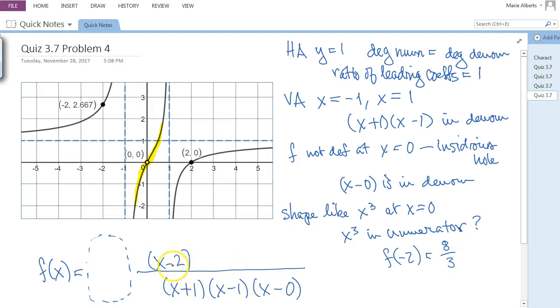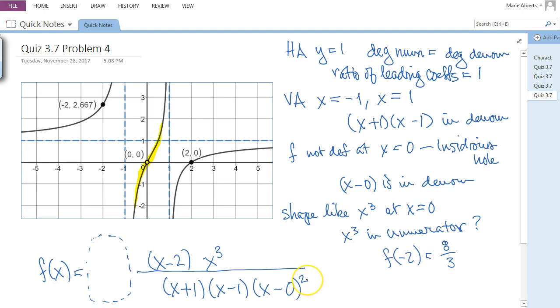Okay, and so far I have x minus 2. If I put an x to the 3rd power here, then I'm going to need another 0 there. I'm going to need another 0 in the denominator in order to make the 2 of these of even size.